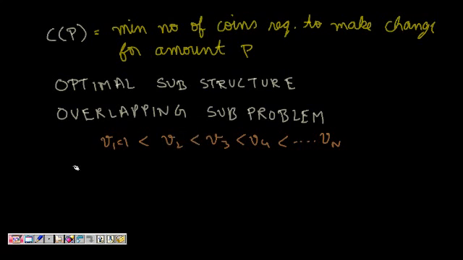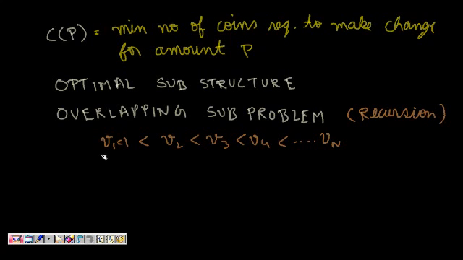I have to write a recursive relation between C of P and some values less than P so that we can solve the problem. First is optimal substructure, and then overlapping subproblems, which is basically recursion. So can we write some recursive solution?